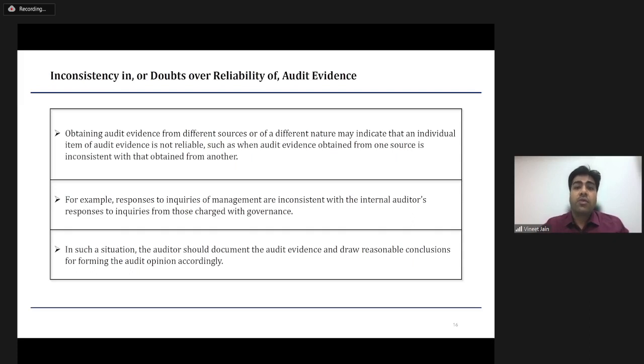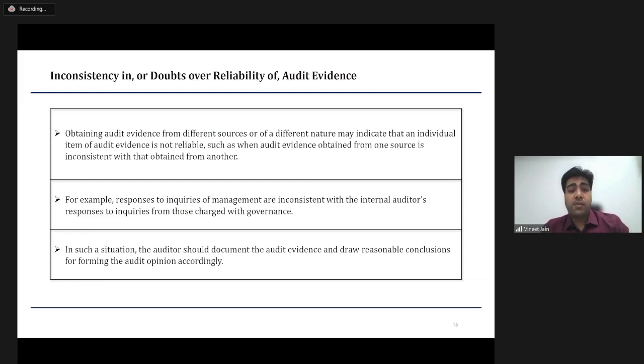While gathering audit evidence as an auditor, we may gather audit evidence for a particular aspect from one source, and we may gather audit evidence for that same aspect from a different source, and both of these are inconsistent with each other. So when such an inconsistency arises, it raises doubts over the reliability of the audit evidence.